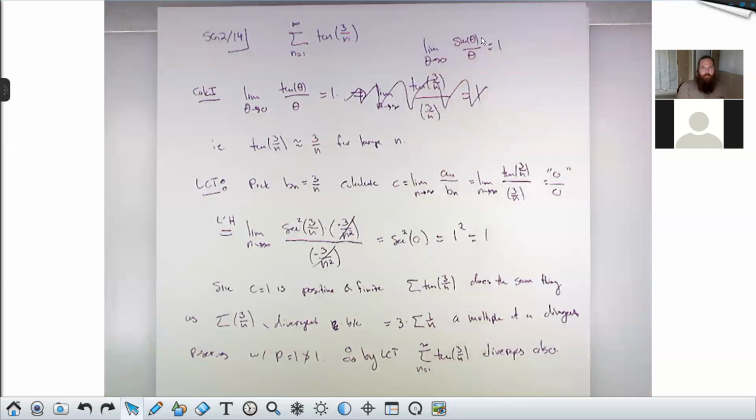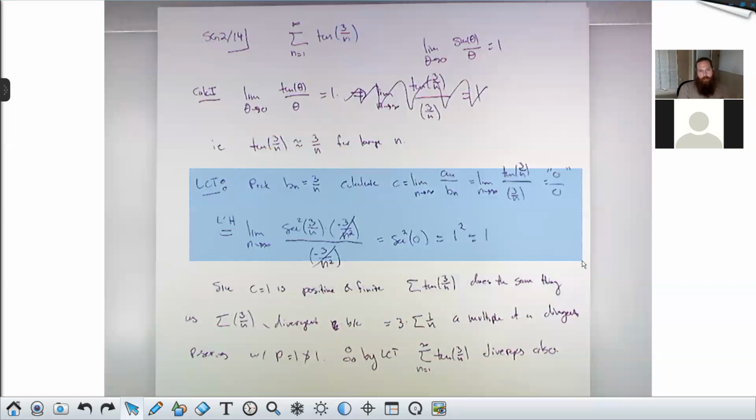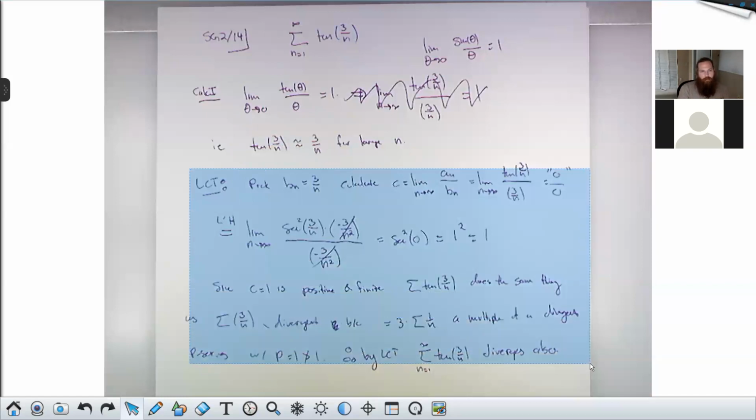So in other words, sine theta and tan theta both behave a lot like their insides as long as their insides are close to 0. As n gets large, 3 over n does get close to 0. So the tangent of 3 over n is a lot like 3 over n itself. And that's the hint that tells me to limit compare with Bn equal to 3 over n. Some L'Hopital's rule, and then you just write down your conclusion.